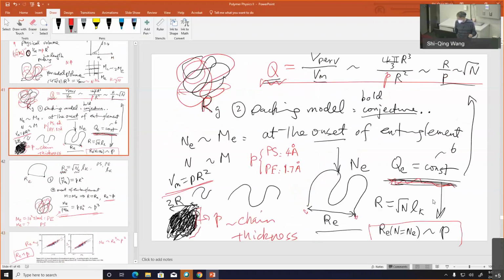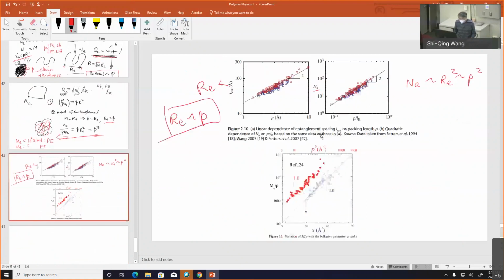We have it on the recording if you have to eventually go back to it. So indeed, out of more than 50 different polymers, it all collapses onto this line, double log with a slope of 1. And for this one, of course, the slope is 2 because it's proportional to P squared.